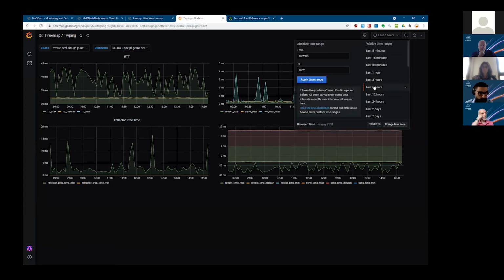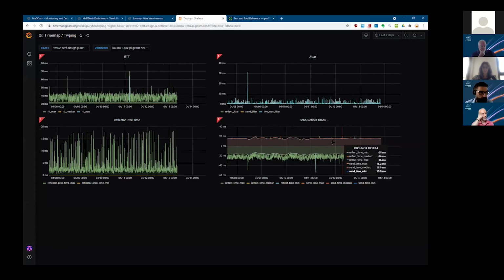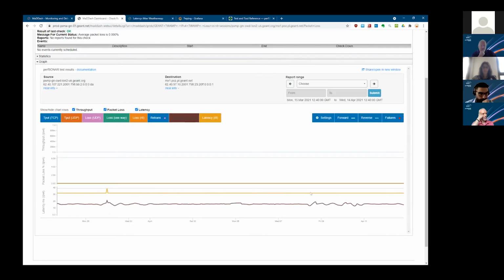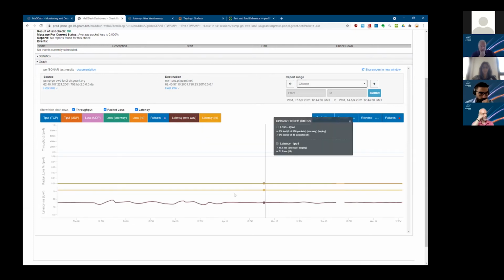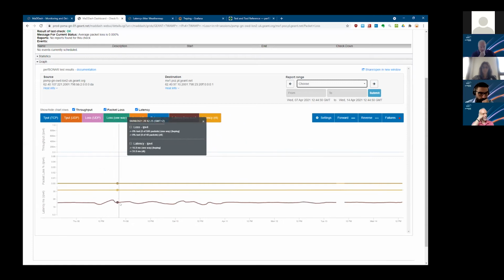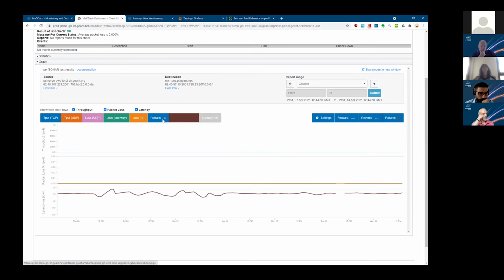And I would like here to go to the last 7 days. You can see the pattern here for the forward direction. And here I will switch also to 7 days, 1 week, and you can see the same pattern for the latency measurements, for the one-way TWAMP measurements on the forward direction.